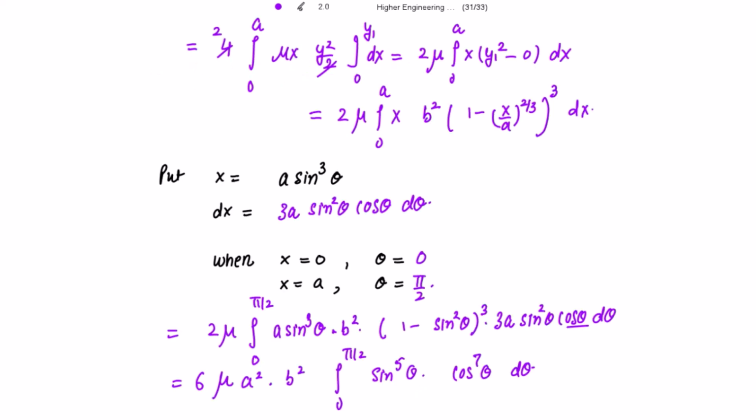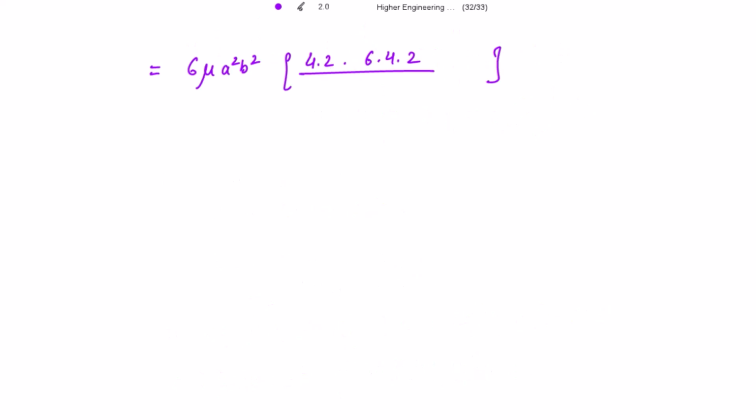And now for the denominator, just write the sum of the powers. That is 7 plus 5, that is 12. And now multiplying all the even numbers before 12, that is 10, 8, 6, 4, 2. This is a very easy way to understand the reduction formula.